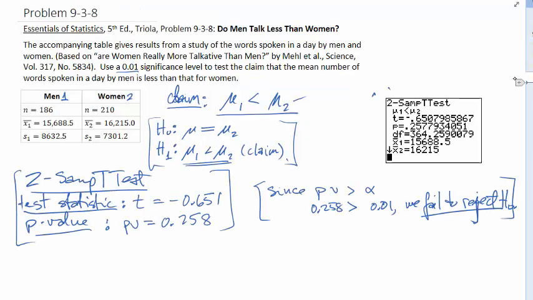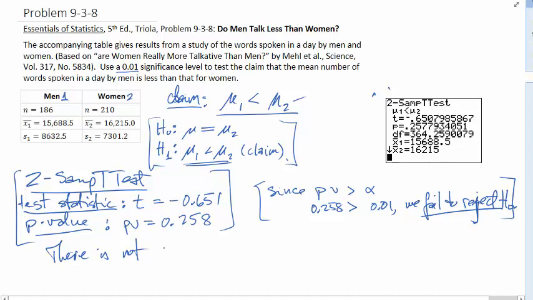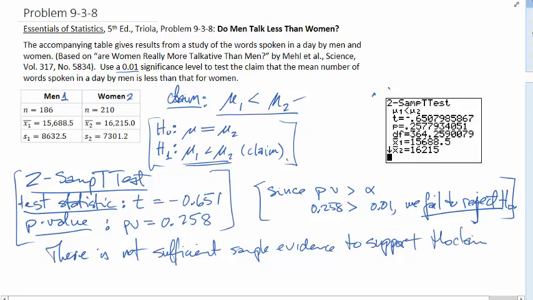So let's go ahead and begin writing. There is not sufficient sample evidence to support the claim that, and what's the claim?